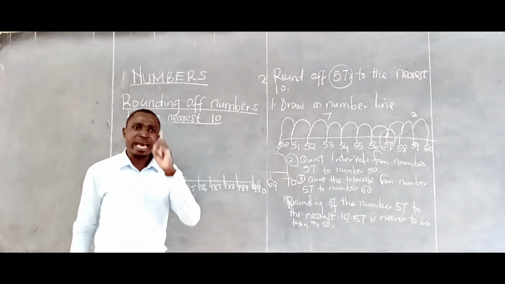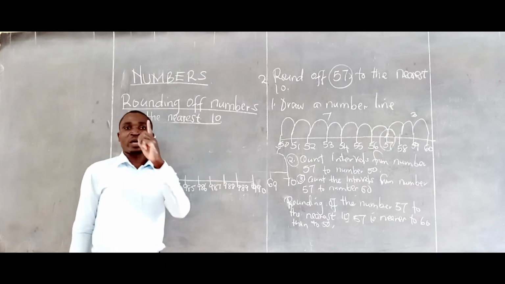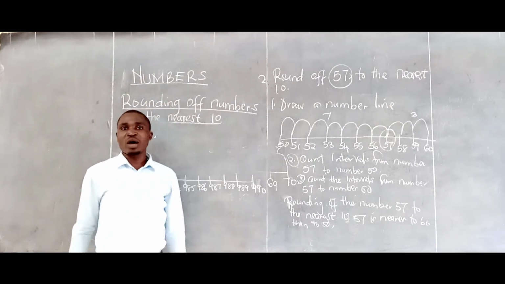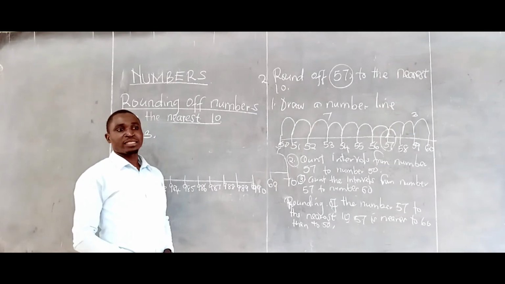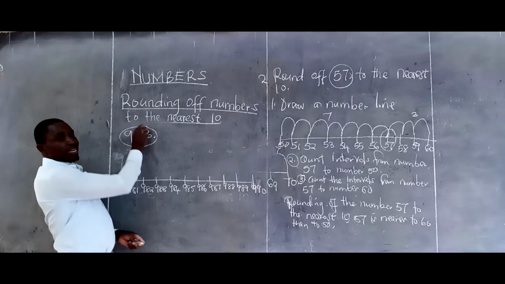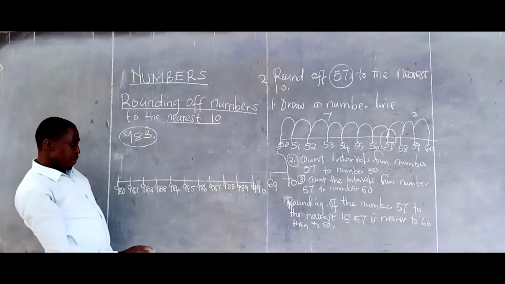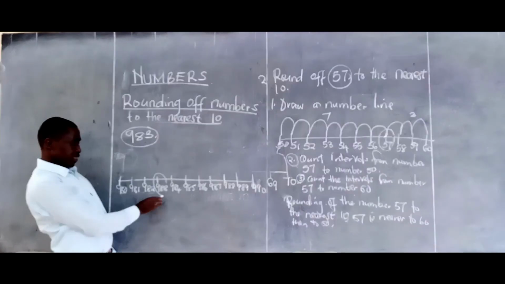On the first step that we have done in our activity, we have to identify our number which we are going to round off to the nearest tens. Our number here is 983. Where is our number? It is here.